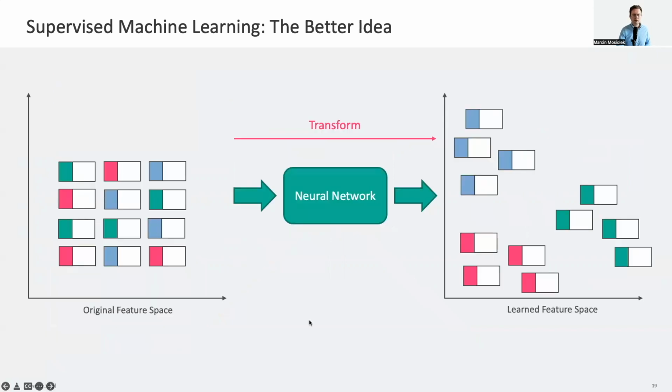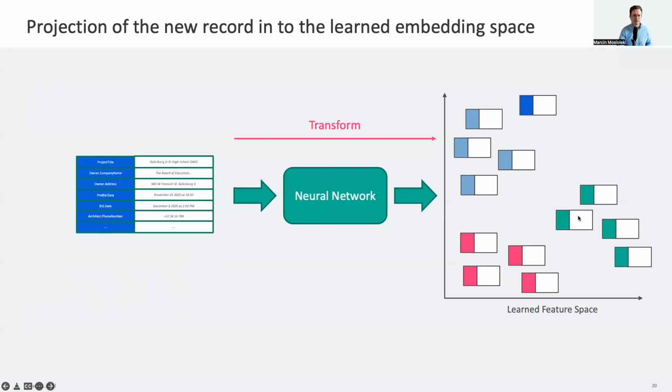For example, we could create a better solution if we transform the database records into some feature space where similar examples are located near each other. It means we could just measure the distance between the points in the feature space to know record similarity. Then each new input could be projected into the space and immediately land near similar records.